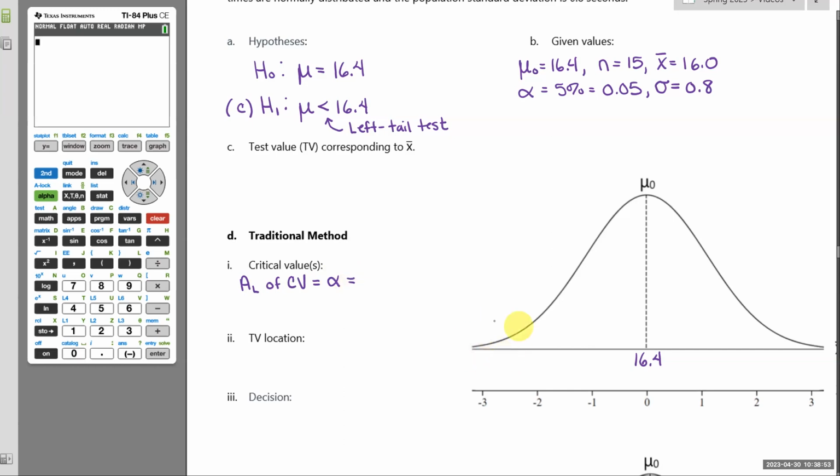So all of our alpha will be in the left tail, and we need that to be 0.05. So because that's the area to the left of the critical value, we can find that critical value z by using inverse norm, because we have the area left of z, 0.05.